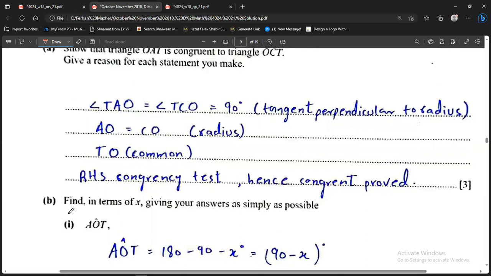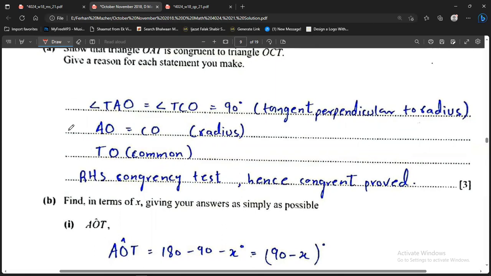Here we have written TAO angle is equals to TCO angle, and both of them are 90-degree. Tangent is perpendicular to the radius. The AO and the CO are both equal to each other because they are radius. The TO side is common side.